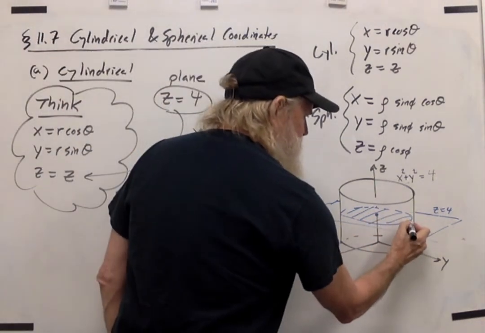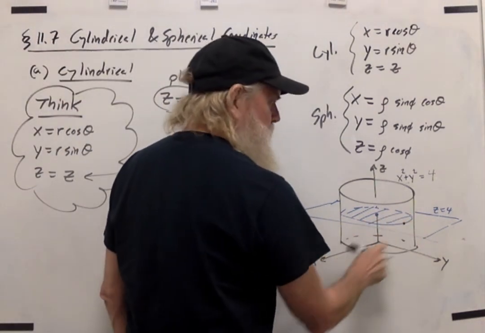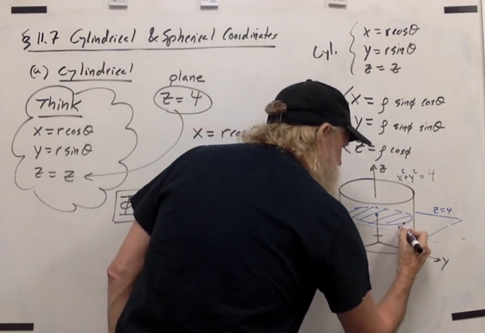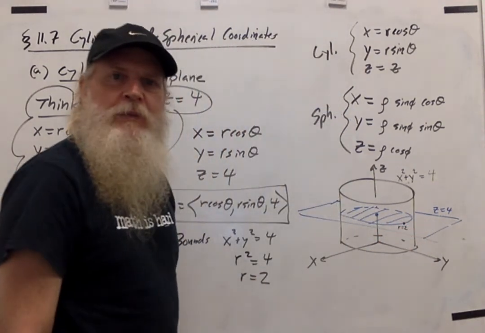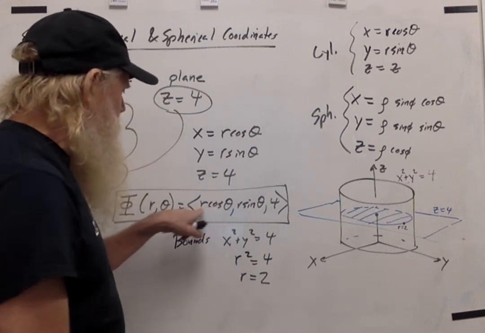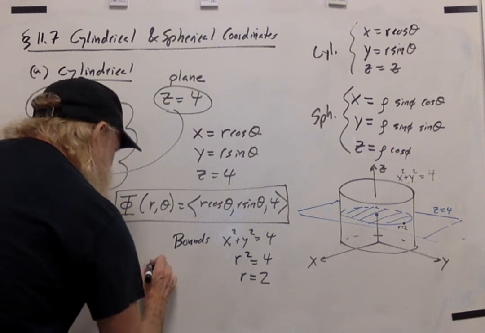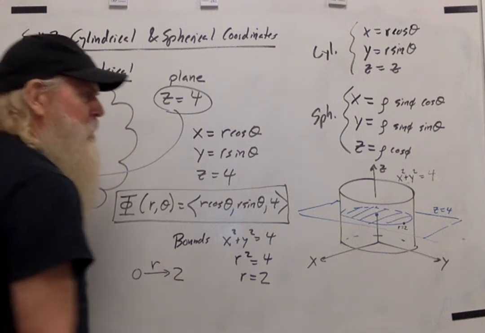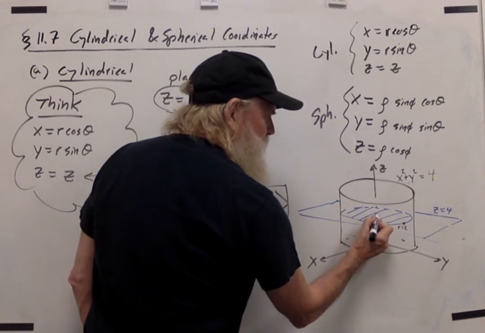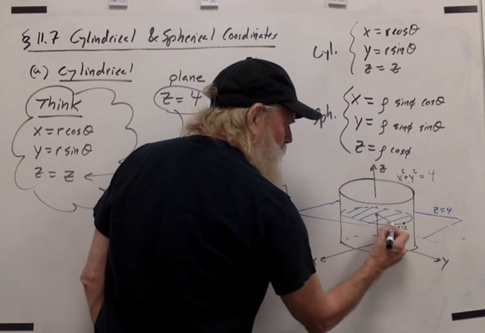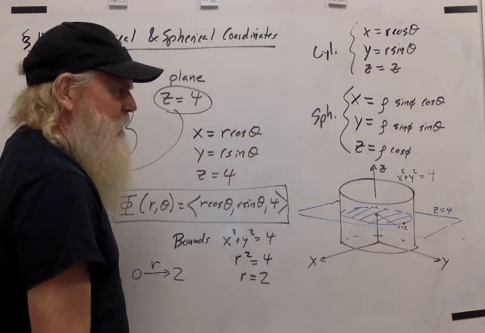So this outer edge, where the plane intersects the cylinder, is going to be at a radius 2 from the z-axis. So when we set up our bounds for this parameterization, we will let r go from 0 to 2. r equals 0 corresponds to points on the z-axis. And I'm going to be taking r all the way out to the outer edge, r equals 2.